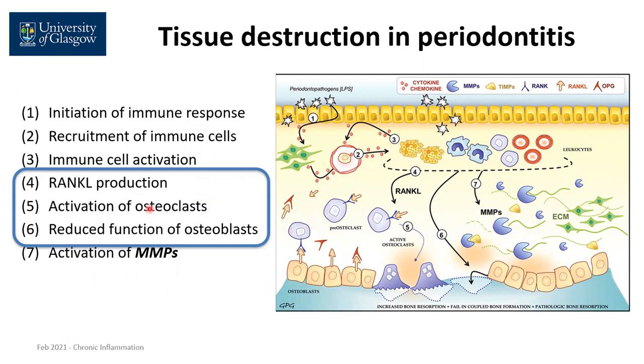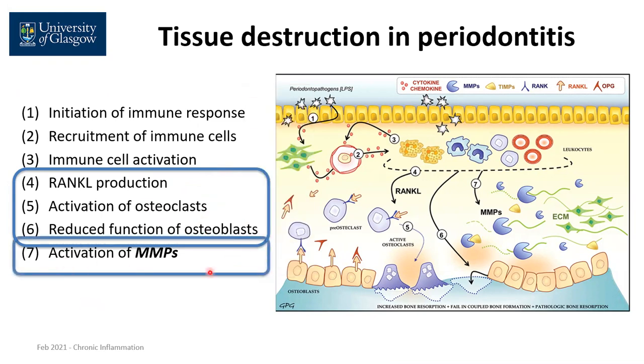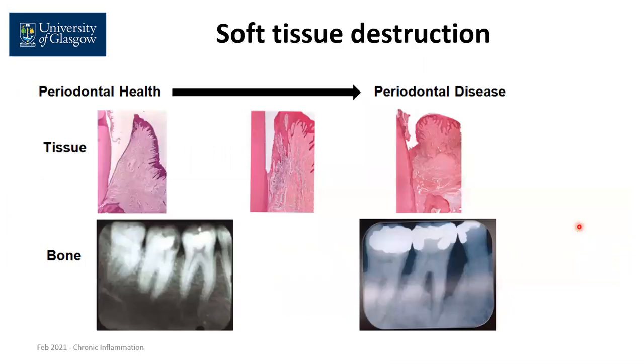This is what's happening when the hard tissue is being destroyed within periodontitis. Within the context of the soft tissue, the MMPs, these matrix metalloproteinases, have a really important role in driving remodeling of the soft tissue. And we'll cover these points in a bit more detail in the coming slides.